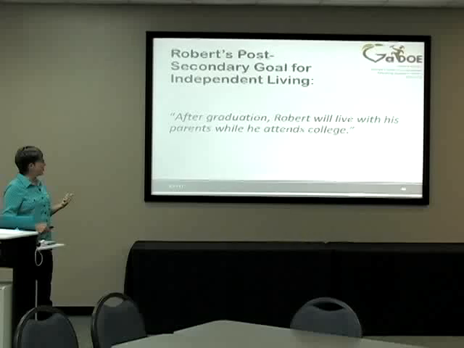So if we had to change this, we could either leave it out entirely, maybe Robert doesn't need further instruction, activities, and services to be able to live independently, or we say something like, "After graduation, Robert will live independently from his parents," or "Robert will continue to live with his parents," or in an apartment with a roommate, whatever the situation might be. And you guys, again, decide that by talking to Robert, talking to his parents, and coming up with a kind of consensus.